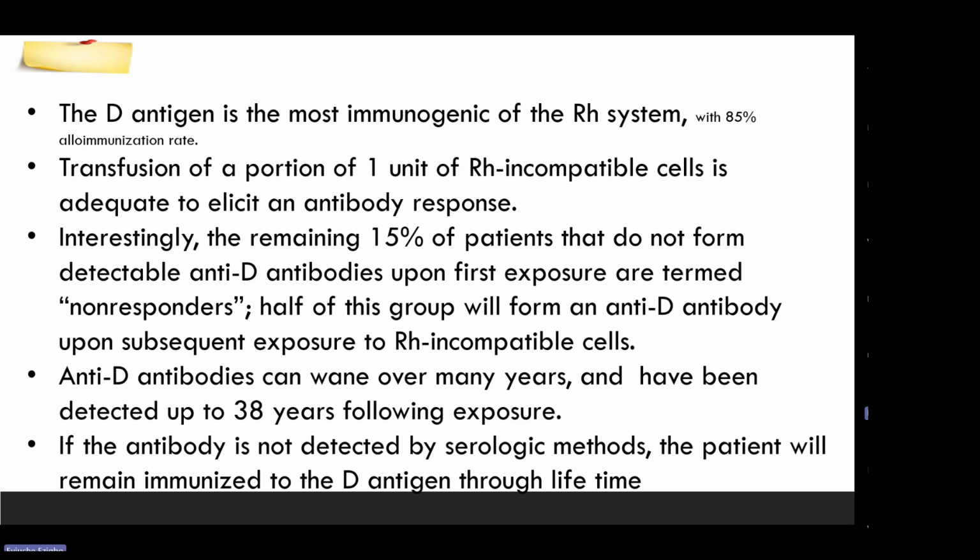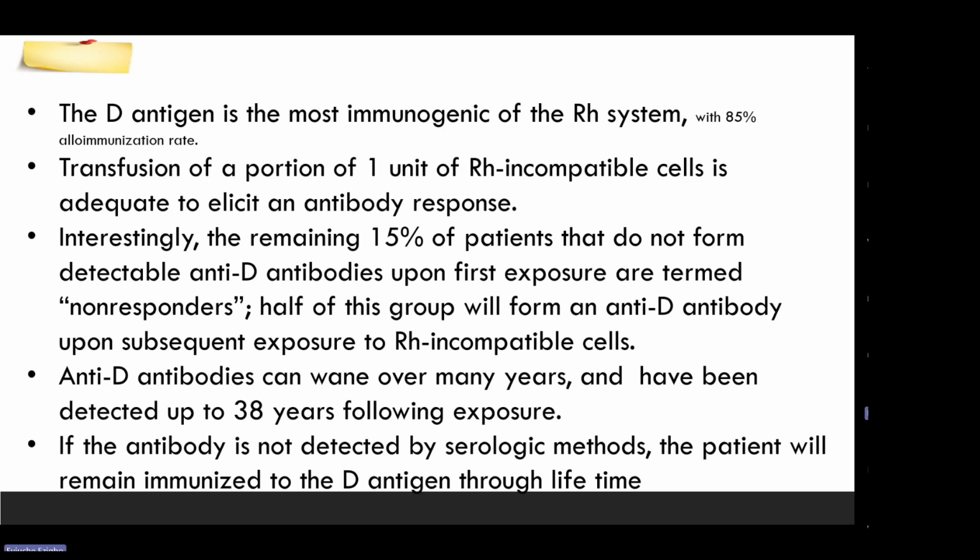Interestingly, the remaining 15% of patients that do not form detectable anti-D antibody upon first exposure are termed non-responders. Among these non-responders, half of them will still form an anti-D antibody upon subsequent exposure to rhesus incompatible cells.